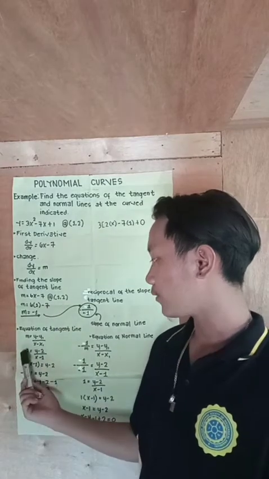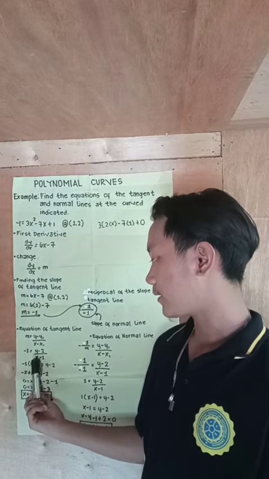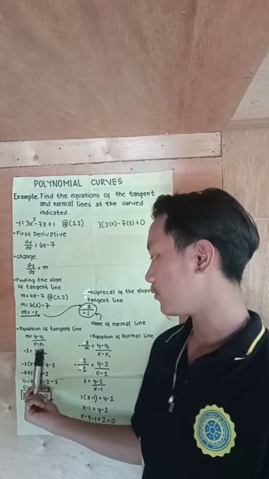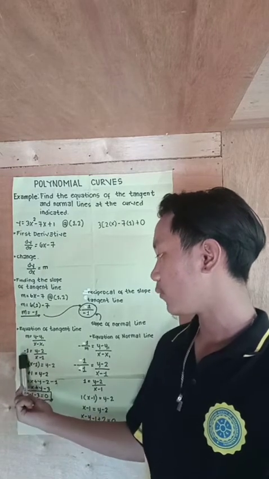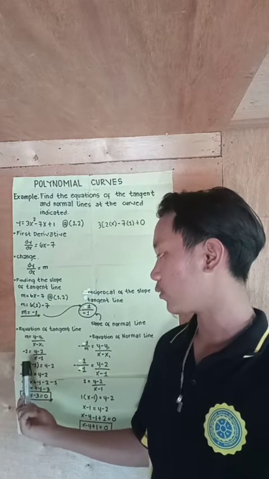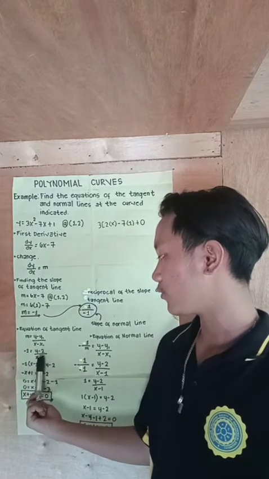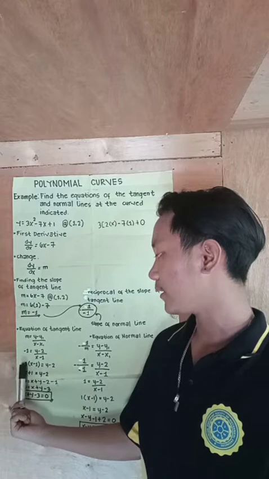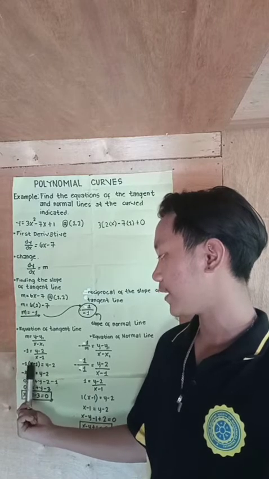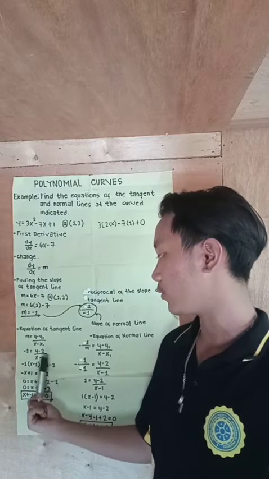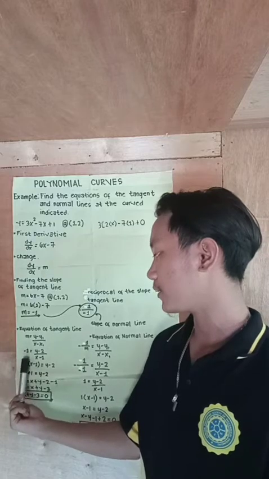Cross multiply na itong negative 1 times x minus 1 equals y minus 2. So negative 1 times x minus 1 equals y minus 2. Mao ra gyapon kay 1 ra man siya dire.